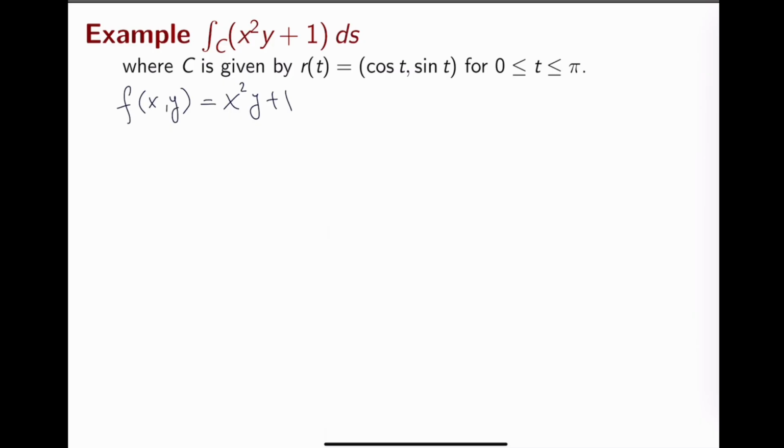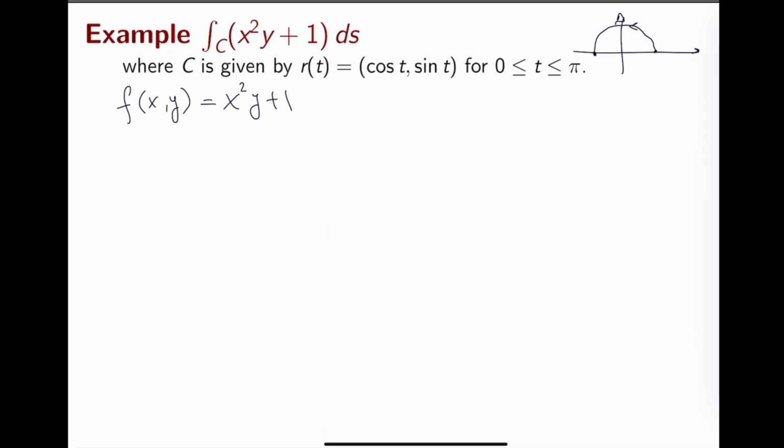And the curve is given already with a parametrization here. This is a part of a circle where t varies between 0 and pi. If we do the sketch of this curve, this gives half of the circle until here, and traversed in this direction.